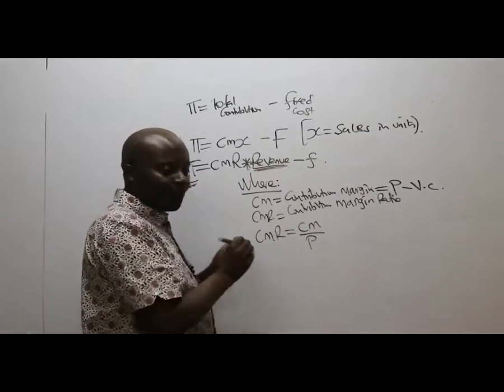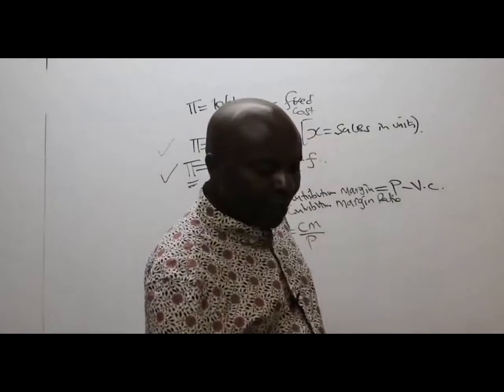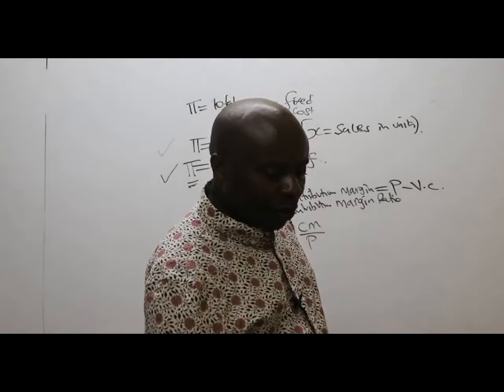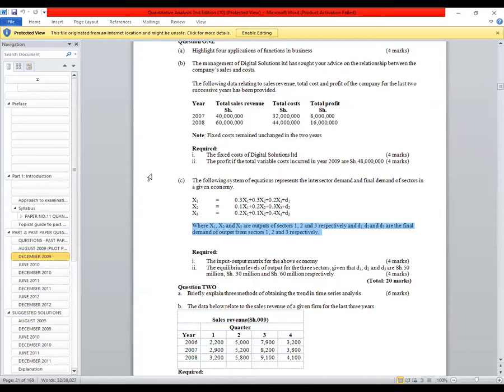Now, ladies and gentlemen, I would want you to read this question very well. Let's read it together. What do they want us to do? They are telling us the following data relates to sales revenue, total cost, and profit of the company for the last 2 successive years.